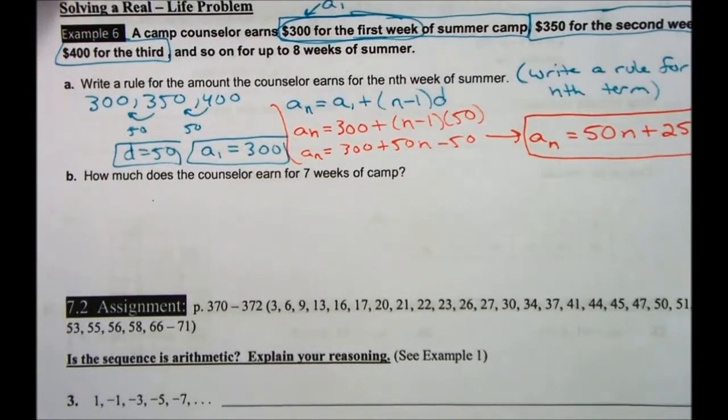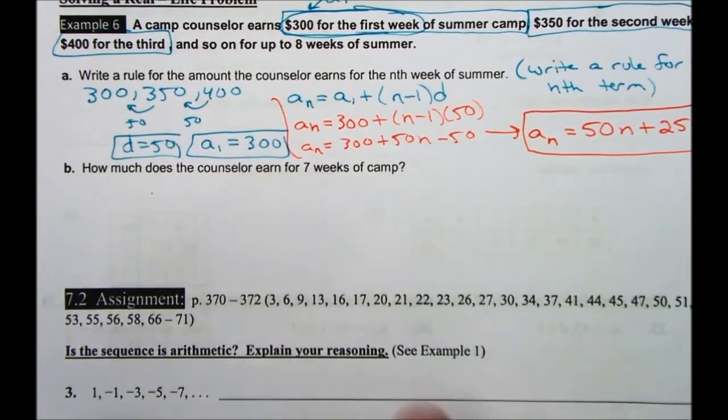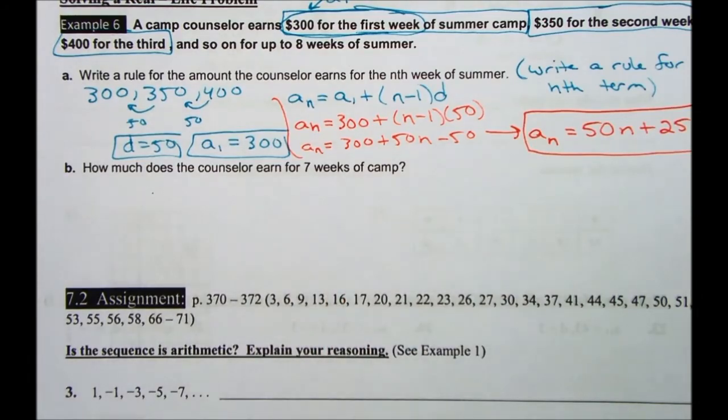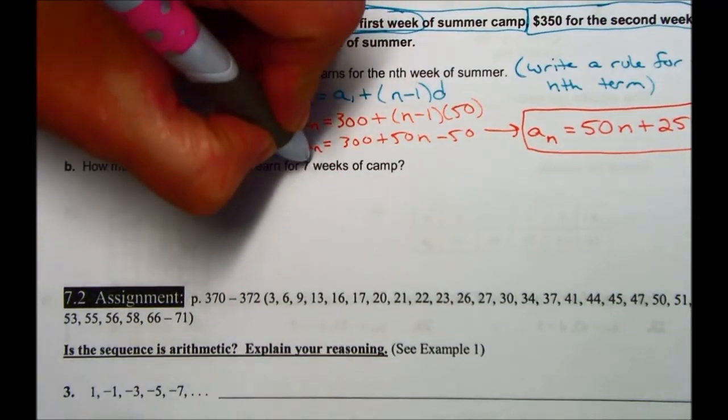So now they want to know, how much does the counselor earn for 7 weeks of camp? The wording here I probably should revise a little bit. I believe this is finding a total. So find the total amount that the counselor has earned in 7 weeks. Oh, I'm looking at my notes here from last year, and I'm noticing that I changed the 7 to 8.